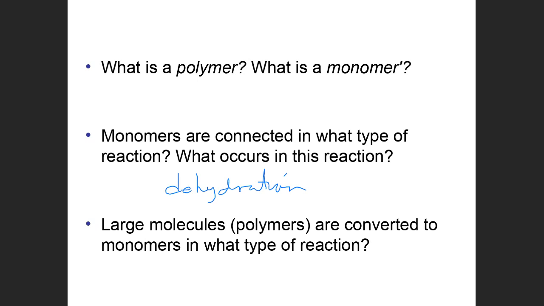And in order to split those large polymers, those large macromolecules, now we use the hydrolysis reaction. So water is used to break those bonds. So dehydration reactions are used to join molecules together, and hydrolysis reactions are used to break bonds and reduce those large molecules into smaller pieces. And cells do both. Cells build molecules and cells break them down.